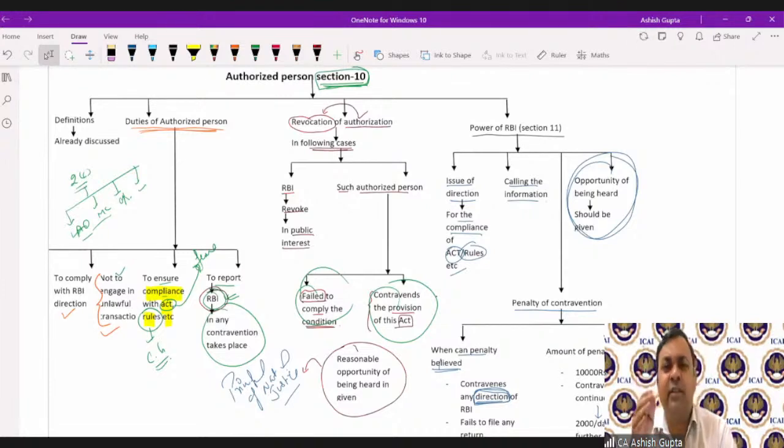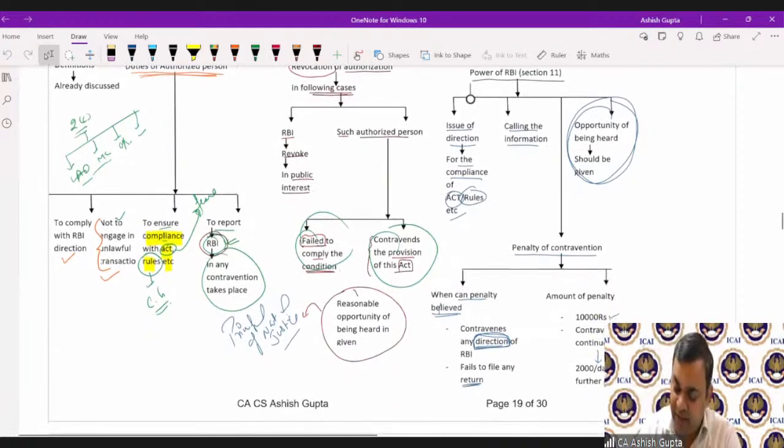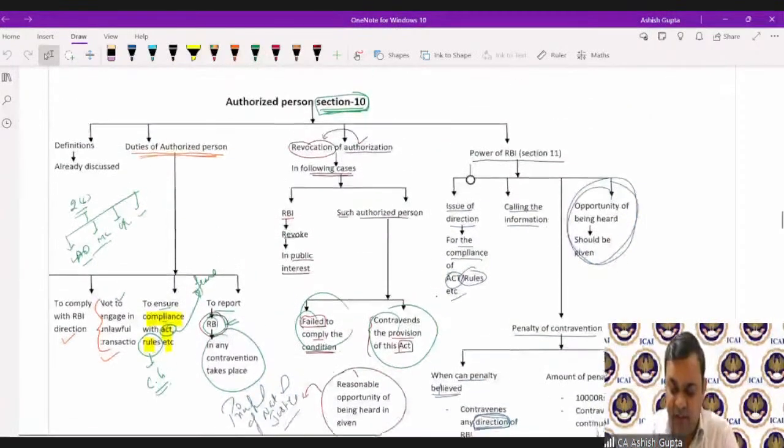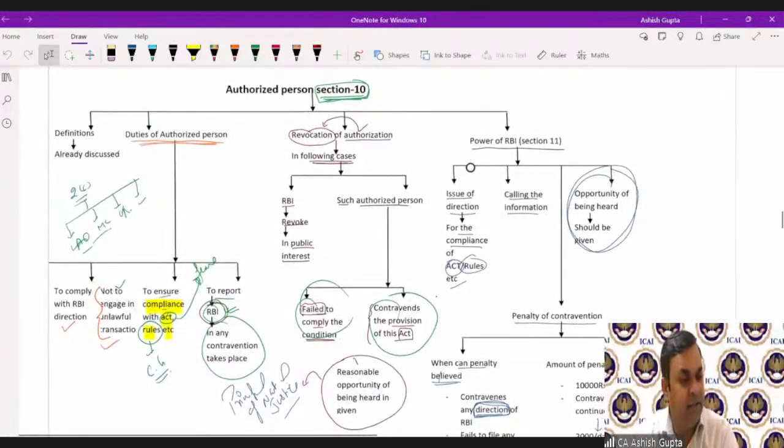What is the penalty? 10,000, plus if the default continues, 2,000 rupees per day is the further penalty amount. I think section 10 is clear.